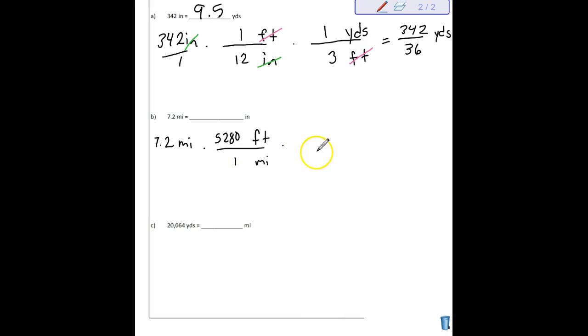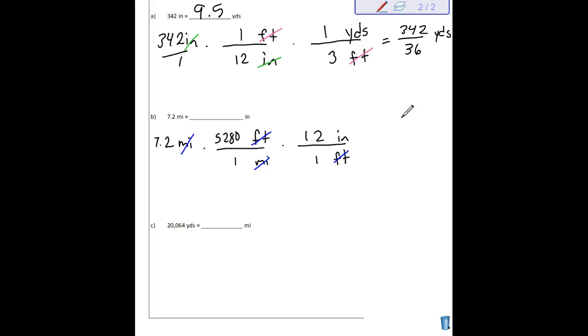And then I want to go from feet to inches. Okay? Now I want my feet to be in the denominator and my inches to be in the numerator. And I know that 1 foot is the same as 12 inches. Notice here that my miles cancel and my feet cancel, and I'm left with just inches, which is what the question is asking me.